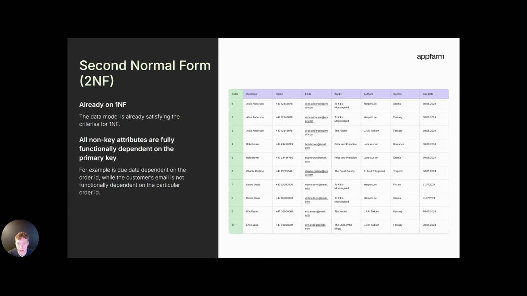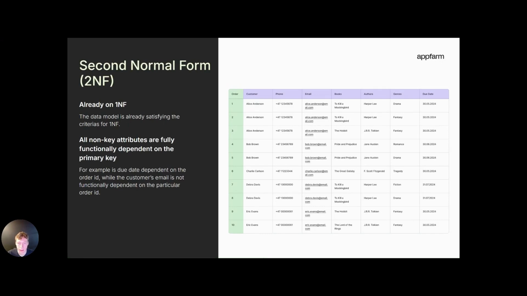For instance, we can see that the due date of the order is dependent on the order ID, but the customer's phone number has no functional dependency on the order ID at all. So we can keep the due date of the order in the orders table, but any customer metadata, which is not functionally dependent on the order ID, needs to belong in another table, where it becomes functionally dependent on a customer ID.